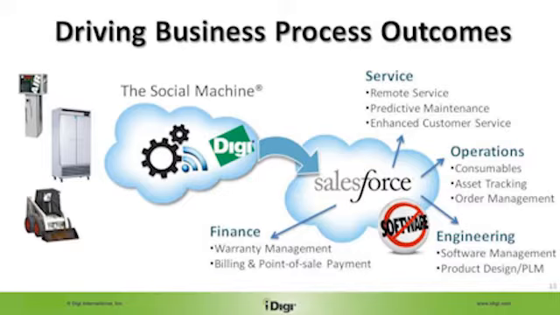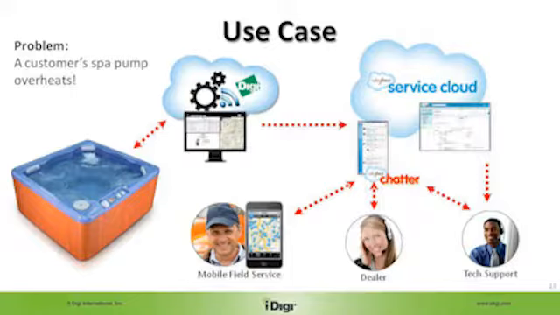iDigi is outcome focused, so the social machine drives improvements really across the enterprise: service, operations, engineering, finance, you name it. Here's a use case for that, by the way. Let's say a commercial customer has a spa, and that spa is plugged into iDigi.